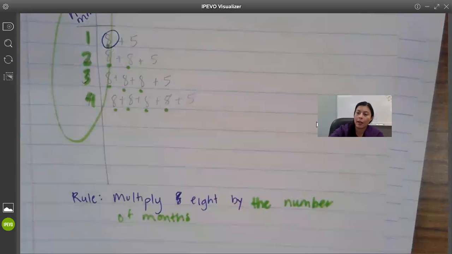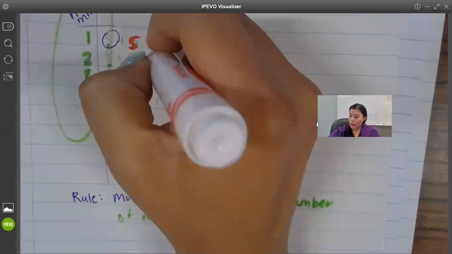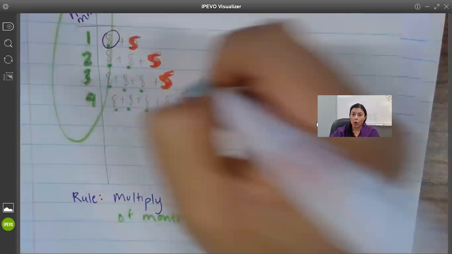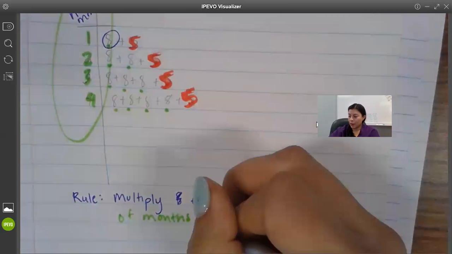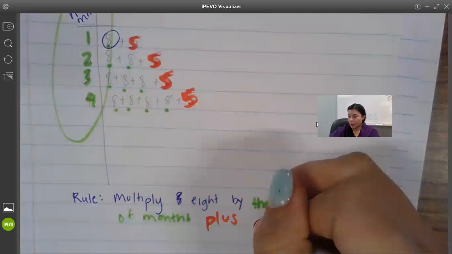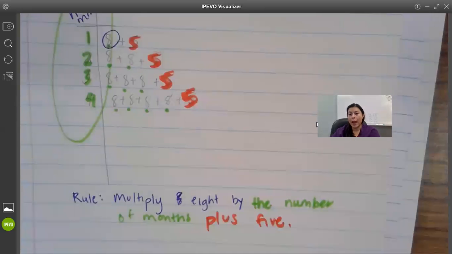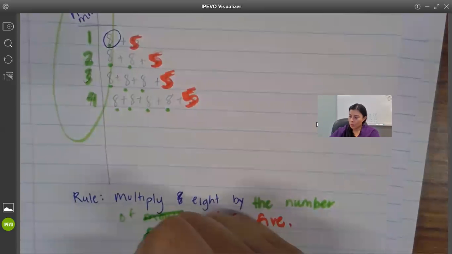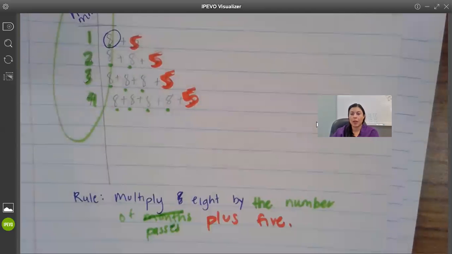And every time, because it's a setup fee, no matter if you pass through it once, twice, 5 times, 4 times, they're always going to make you pay that setup fee. Plus 5. That's my algebraic rule. Oh my gosh, I put months. It should be passes, the times that you pass through, because I'm going to have that every single time.